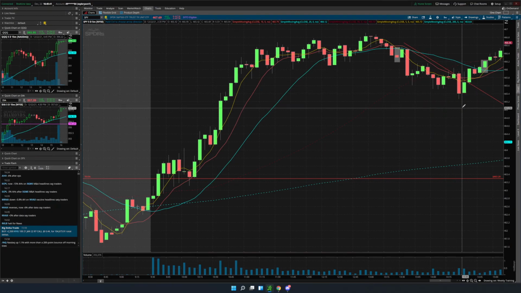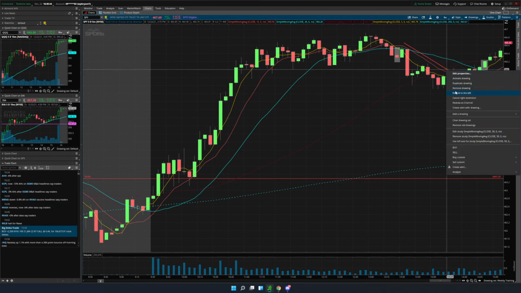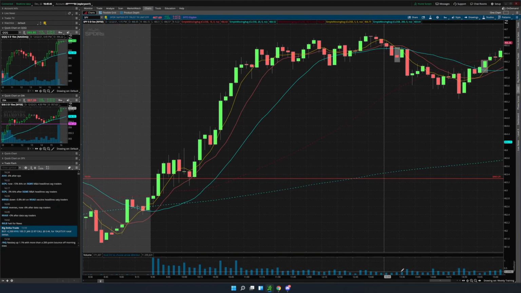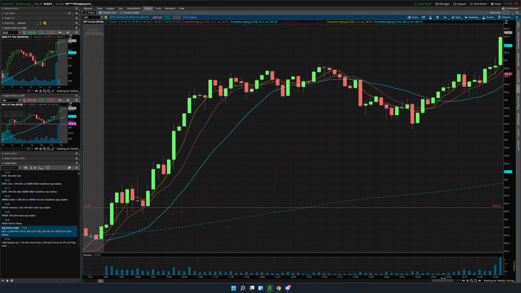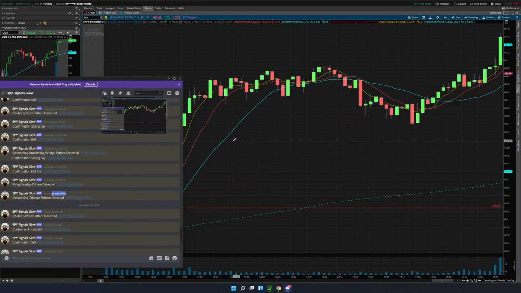The slow is going to give you something that is more reliable. Yes, it's less. And you could also use it for bigger sizing if you wanted to, however you want to use it. But you need to look at these signals and look at the chart and not just make a trade based on the signal. The signal is just an indicator. It's a computer, right?